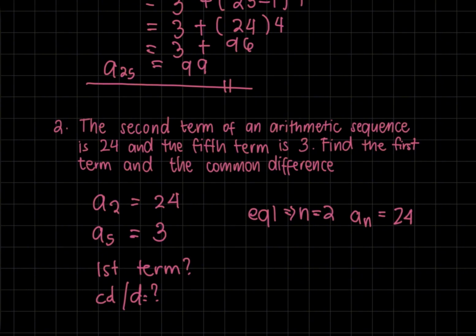And that is a sub 2 equals a sub 1 plus 2 minus 1 times d.